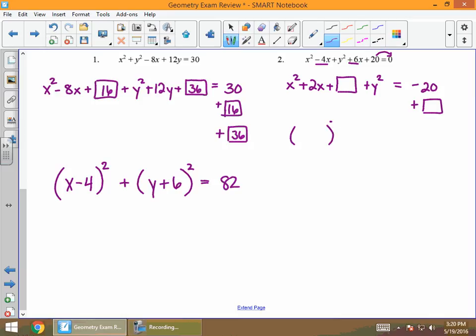Here we go. Half of positive 2 is positive 1, and 1 squared is 1, so that'll add to both sides. I'll have my y squared here, and if you think about it, that y squared is like having y minus 0 squared. Negative 20 plus 1 is negative 19. That is an equation of a circle. Unfortunately, the center of this circle would be at negative 1, 0, and it would have a radius that is a negative distance.